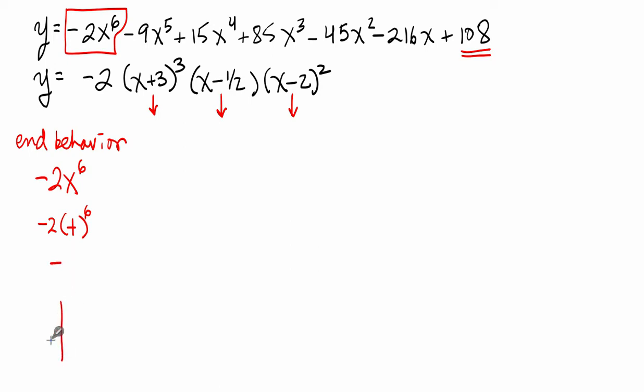So that means on the right hand end of the graph, the function will be traveling downward. Now on the extreme left hand end, we'd be taking negative 2 times some negative number raised to the 6th. This also ends up being a negative number, so the left hand end behavior is also downward.